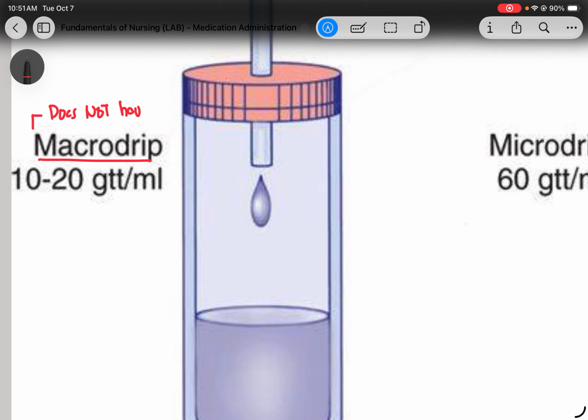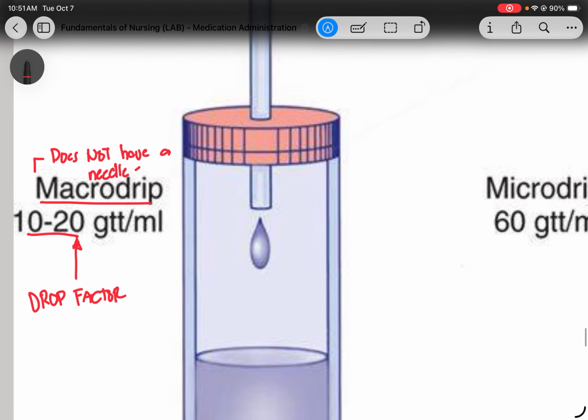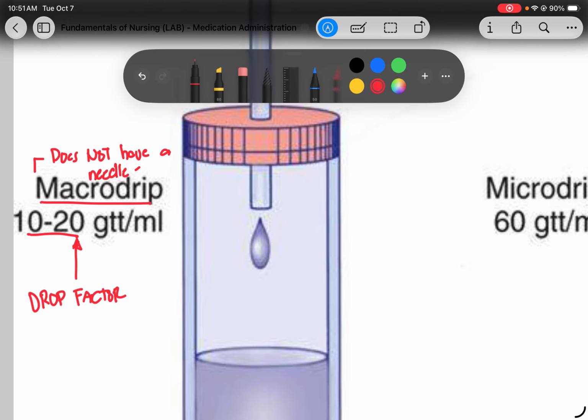Typically, the drop factor is around 10 to 20 drops per ml. The reason why the drop factor is very low, 10 to 20 drops per ml, is because it requires very few drops to reach 1 ml.